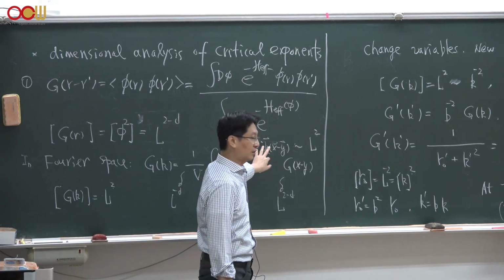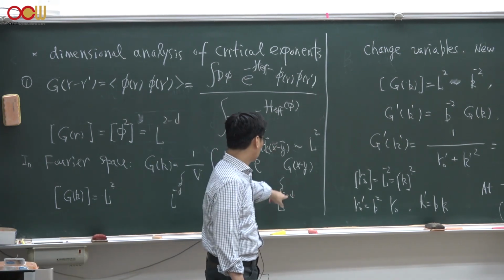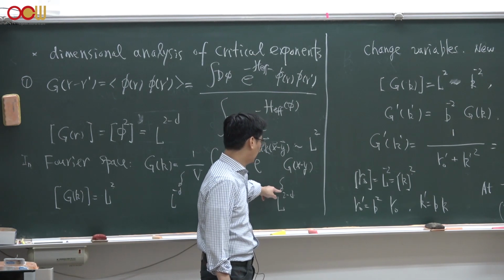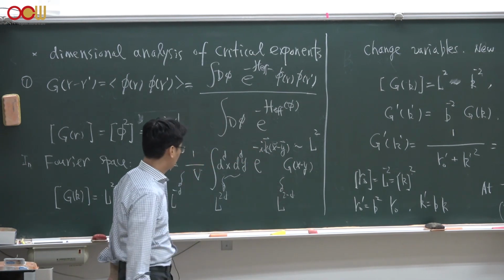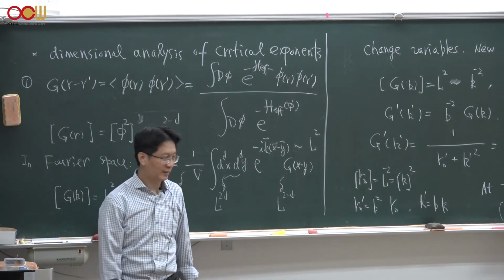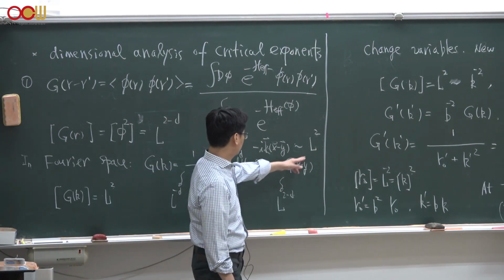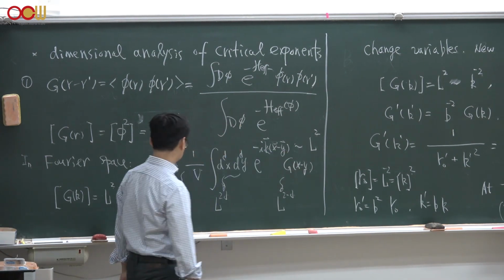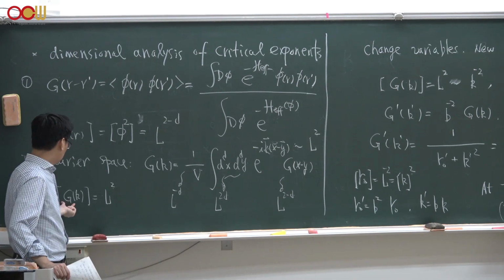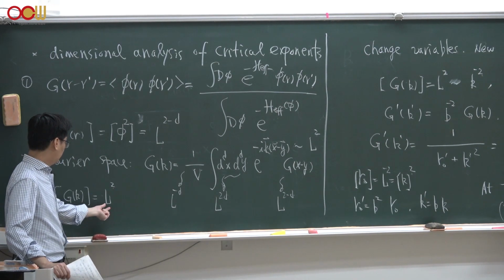This exponential factor is dimensionless, and g of x minus y goes as L to the power of 2 minus d. You simply put everything together, and you get L squared dependence. So you conclude that the dimension of g of k goes as L squared.